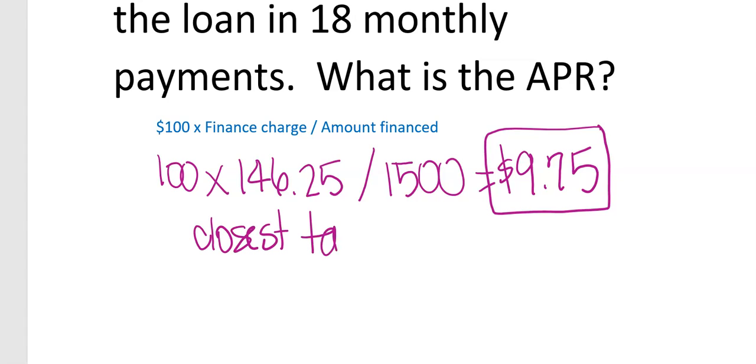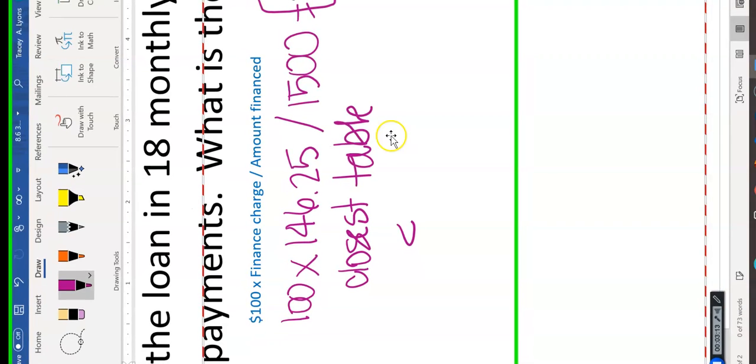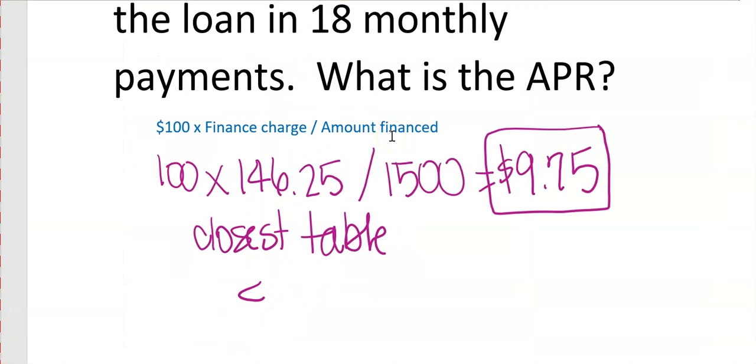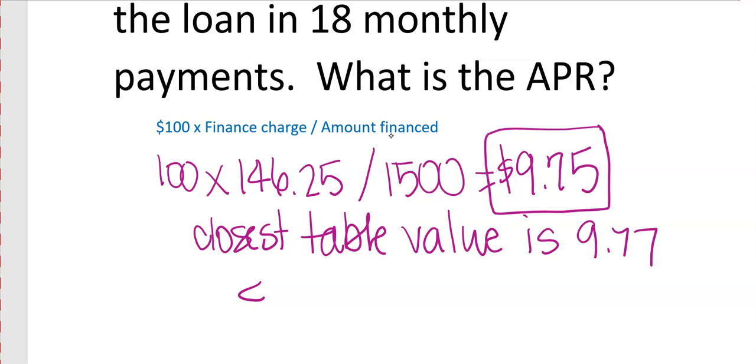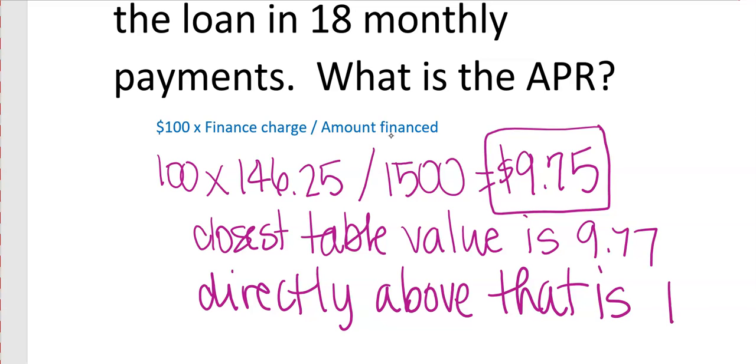Closest table value is $9.77. Directly above that is your APR, which is 12%.